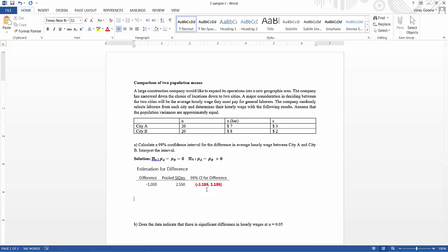So I will type in here, since 0 is in the 99% confidence interval for difference, don't reject H null.